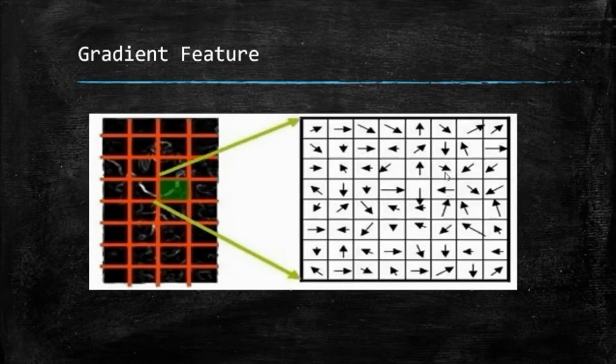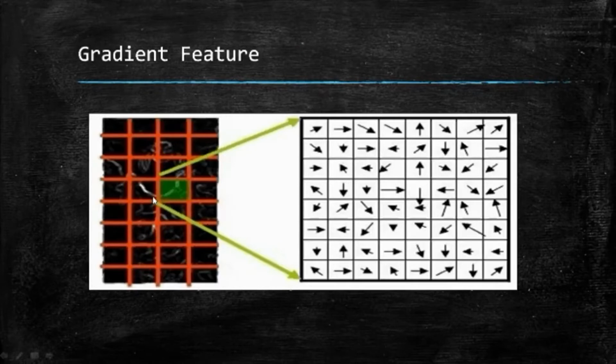When we collect those symbols together, we get a signature for this image or this object in the image. As we see here, I divided my image into different cells. Each of these cells has its own orientation or symbol that describes this part.